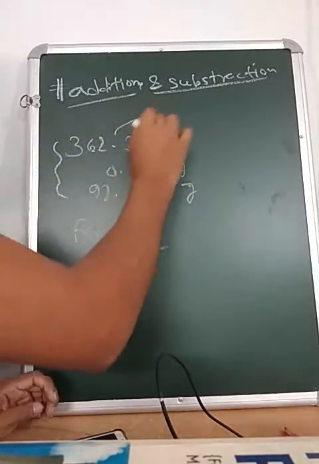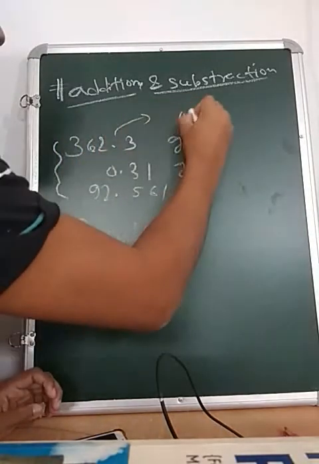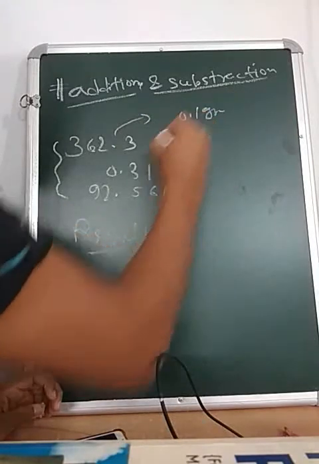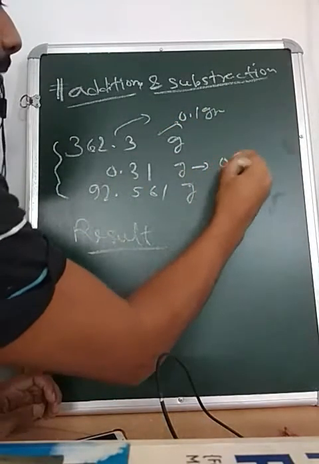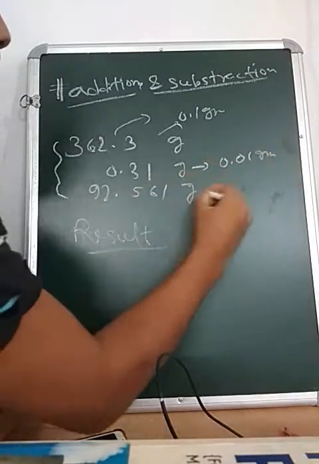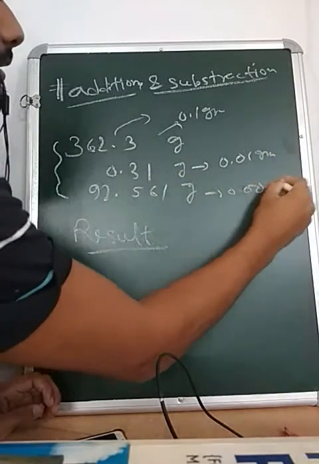Here, what is the precision of each? The precision of this is 0.1 gram, of this value 0.01 gram, and of this value 0.001 gram.